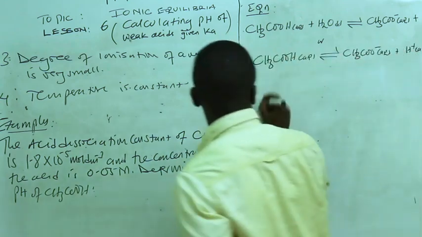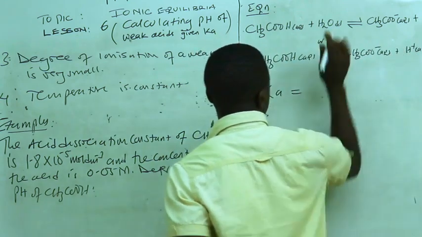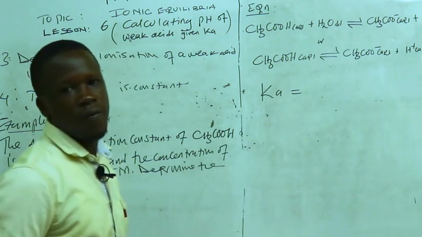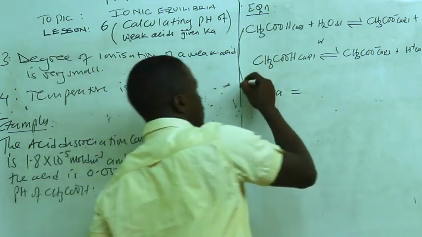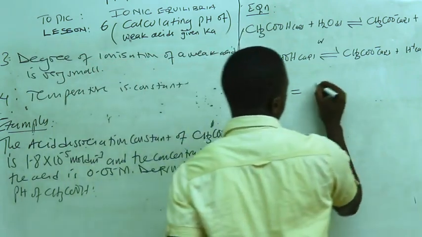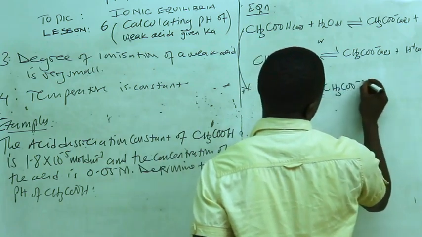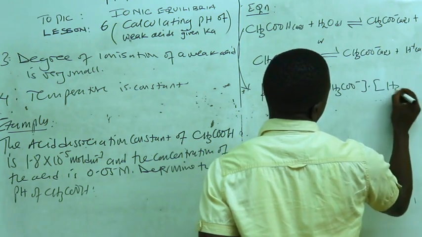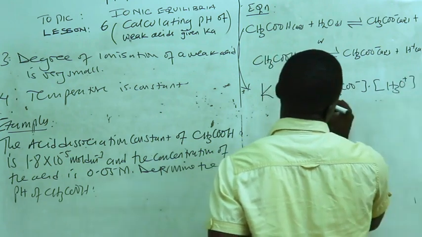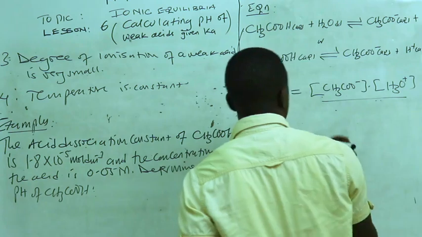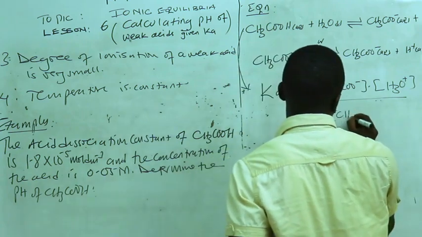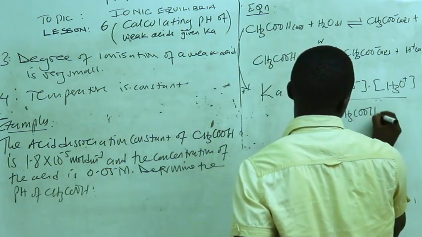So the Ka expression from this would be the concentration of ethanoate ions times the concentration of the hydroxonium ions over the concentration of ethanoic acid.